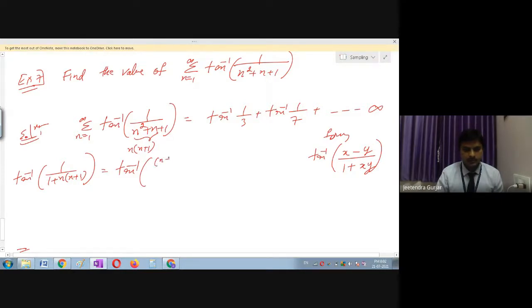So this is n plus 1 minus n divided by 1 plus n into n plus 1. So this is of the form, yes students, you can see easily, x is here n plus 1, y is n. So you can see this is of the form, right? Now you simplify this problem.